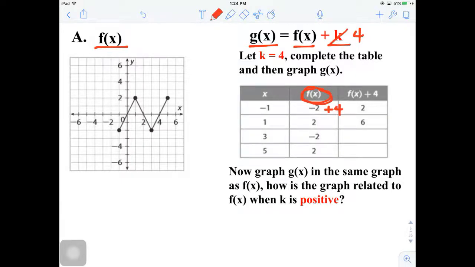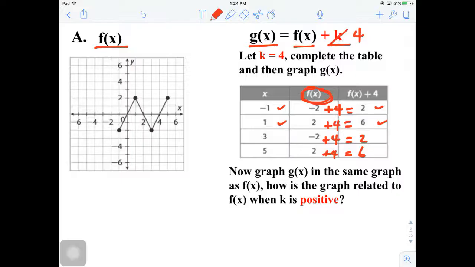So let's do the math here. The first one is done for you already. Negative 2 plus 4 equals 2. 2 plus 4 equals 6. If we continue this pattern, we get negative 2 plus 4, which is 2 again, and 2 plus 4 is 6. Now, if we draw these new points using the new x, which is the same as the old x, so that's negative 1, and the new y, which is 2.